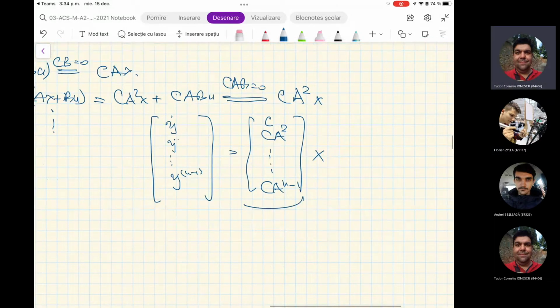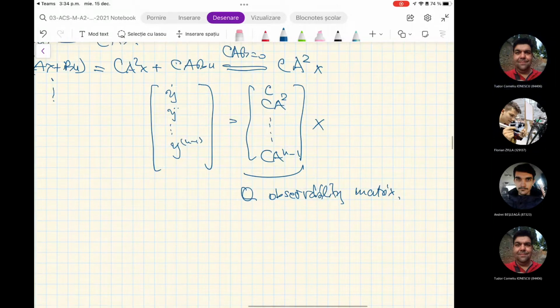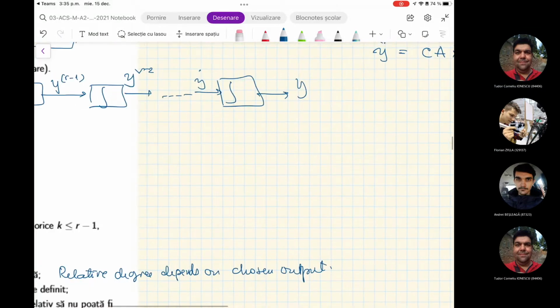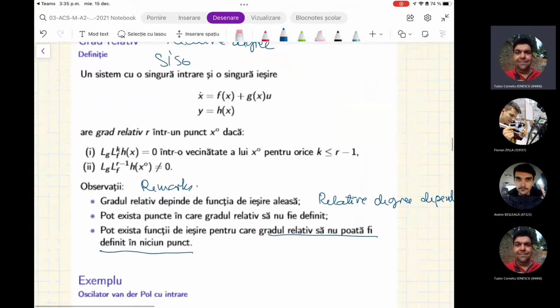You recognize this as the observability matrix Q. And the relative degree is n in this case. If the relative degree is n, then the system is observable because the rank of this matrix is also n. So it's all related to what we know from linear systems.